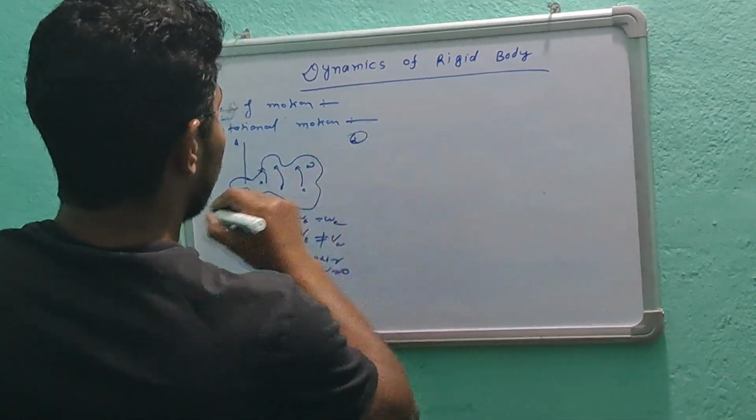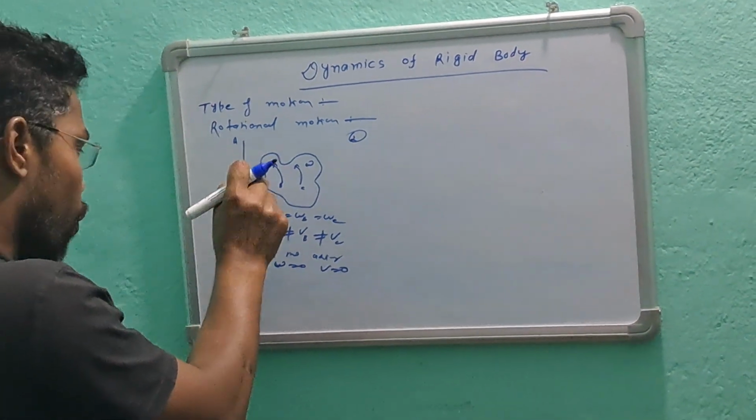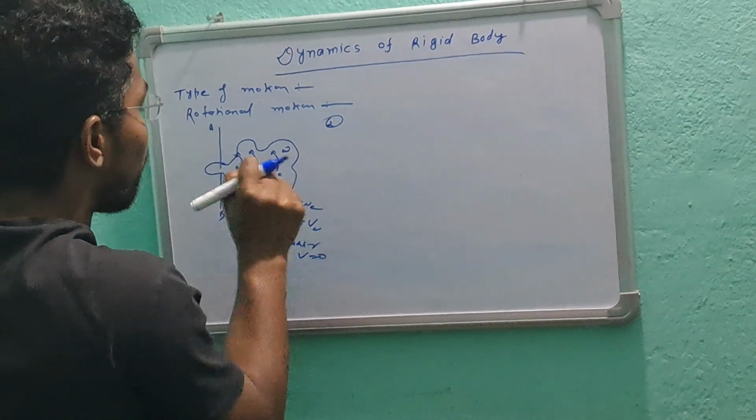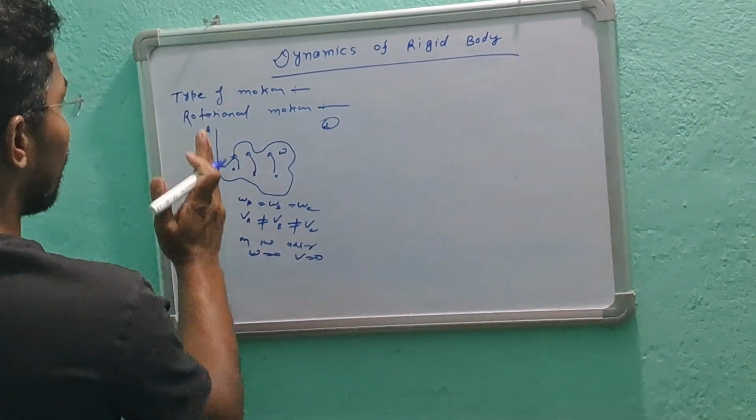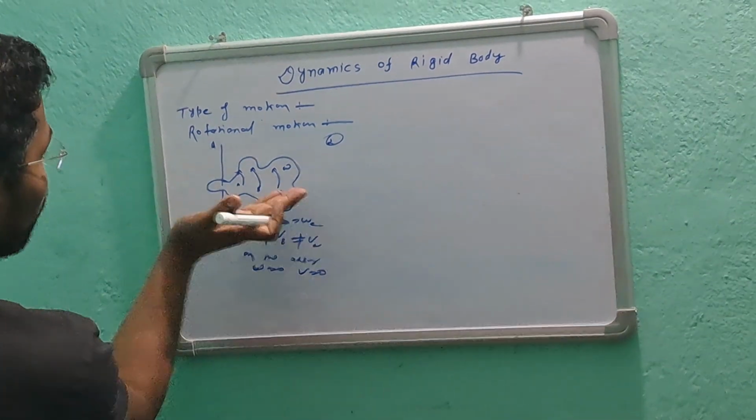Second one: the perpendicular distance of all constituent particles of the rigid body from the foot of the axis will always remain fixed.